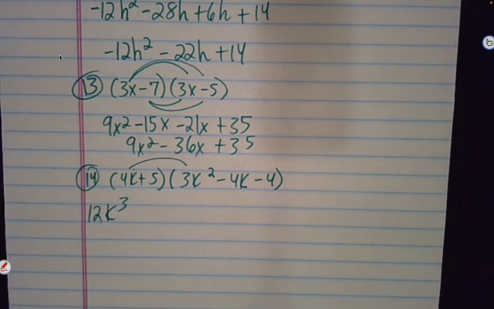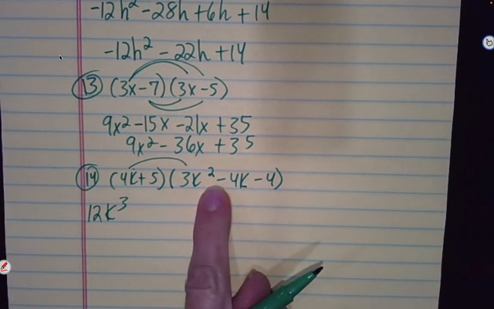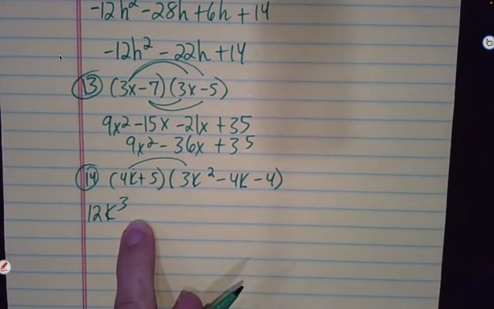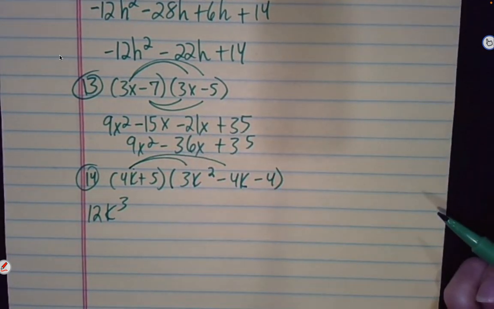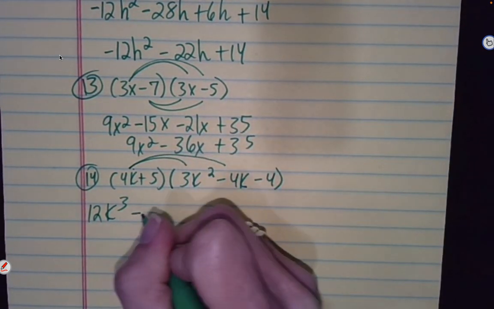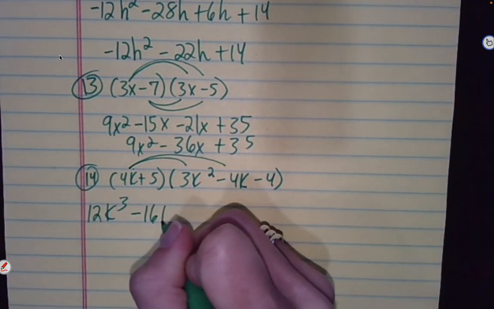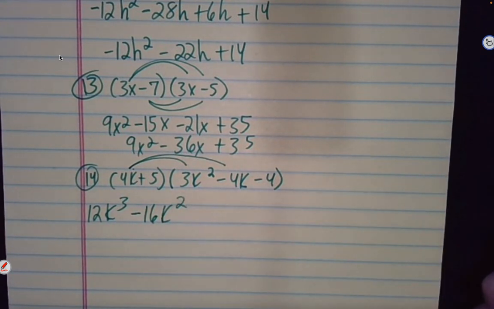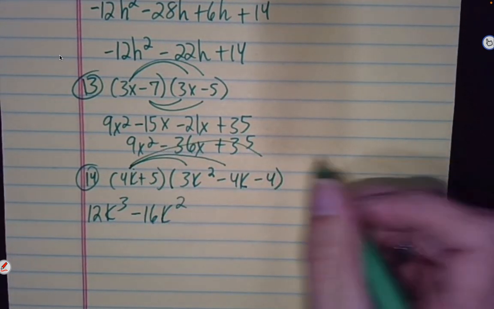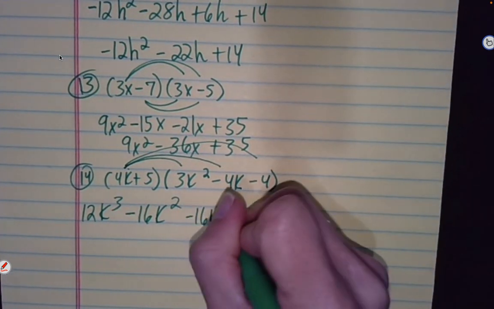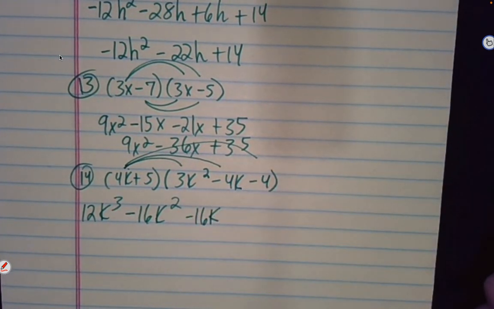4 times 3 is 12. And K times K squared, K to the third. You add the exponents. What is 4K times negative 4K? Negative 16K squared. And then what is 4K times negative 4? Negative 16K.